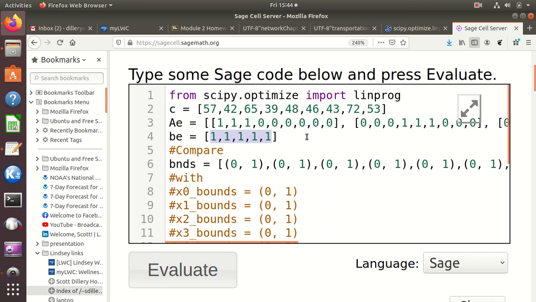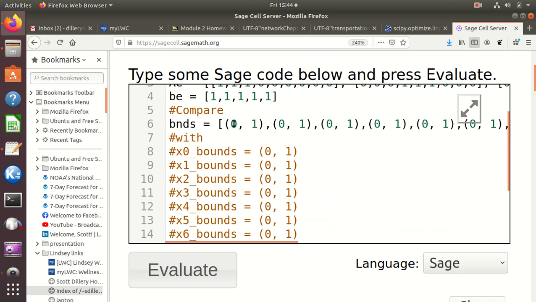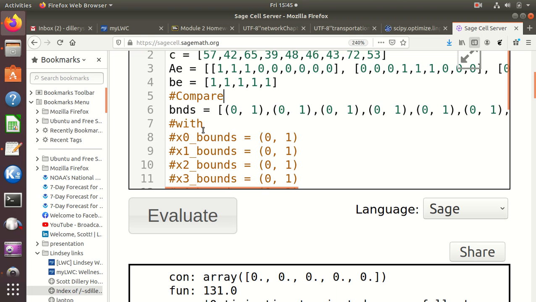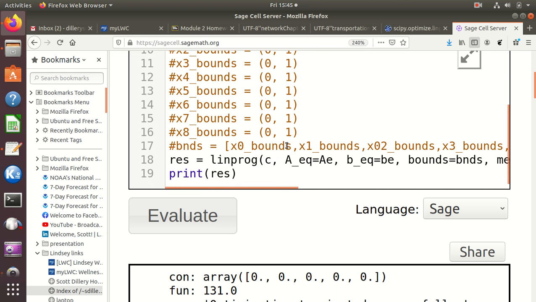And then the bounds. Now here, I'm kind of showing you a comparison. What I did was I just went through, and every single one of them was 0, 1. And if you look here at what they did, they did the square bracket, and then they had the first bound, and they wrote it out. They did that, and then they put that whole thing, x0 bounds, in here.